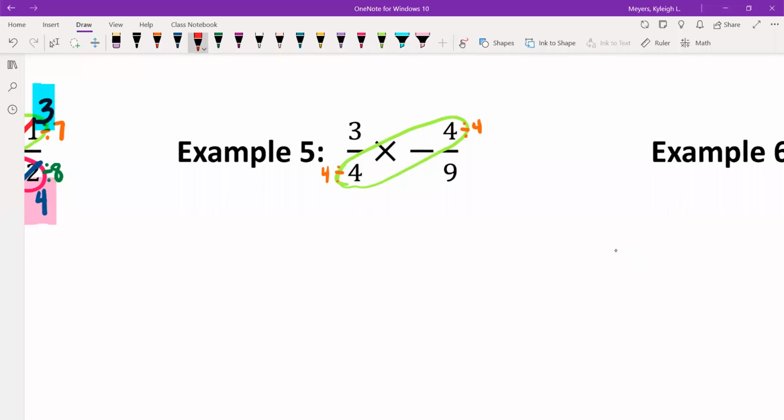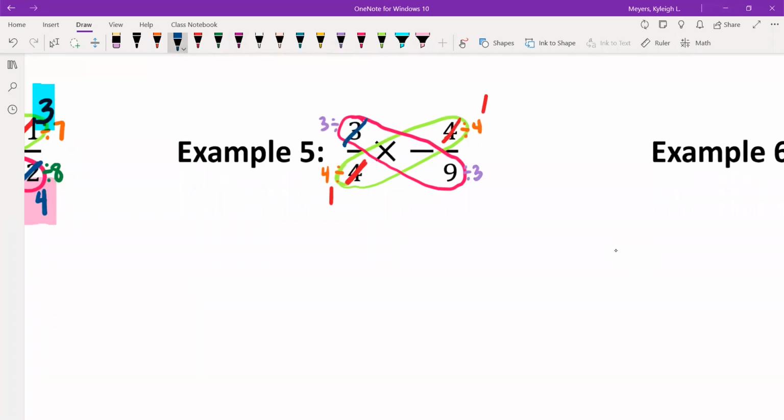So hopefully when you looked at your first diagonals, you noticed that they're both 4. I can divide them both by 4 and get 1s, because 4 divided by 4 is 1. Looking at my other cross products, 3 and 9, they're both divisible by 3.